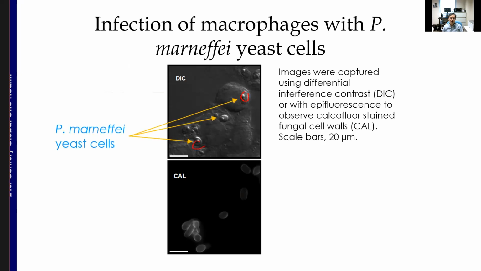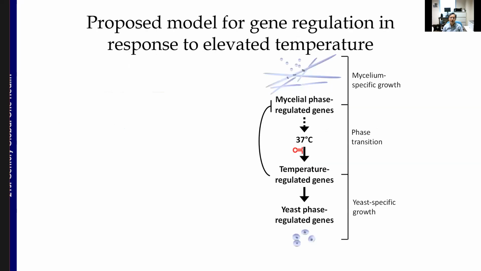So if we can somehow control the transition from the mold form to the yeast, if you have an interruption that can control the growth form and stop the change, then we probably can control the infection of this particular fungal pathogen.